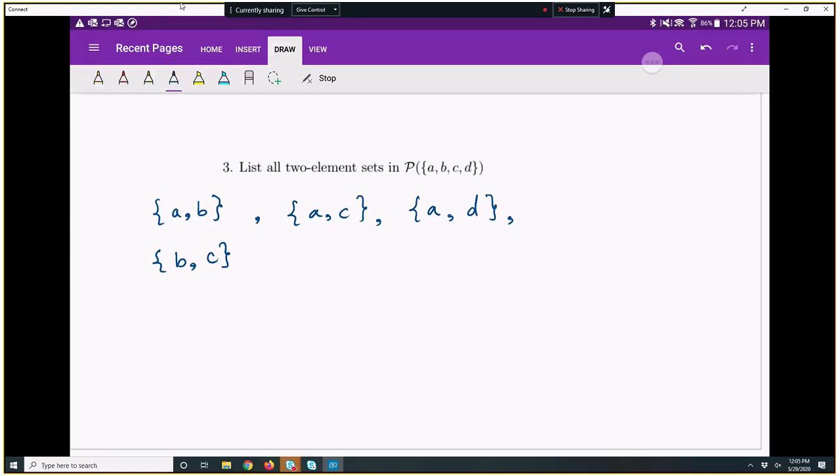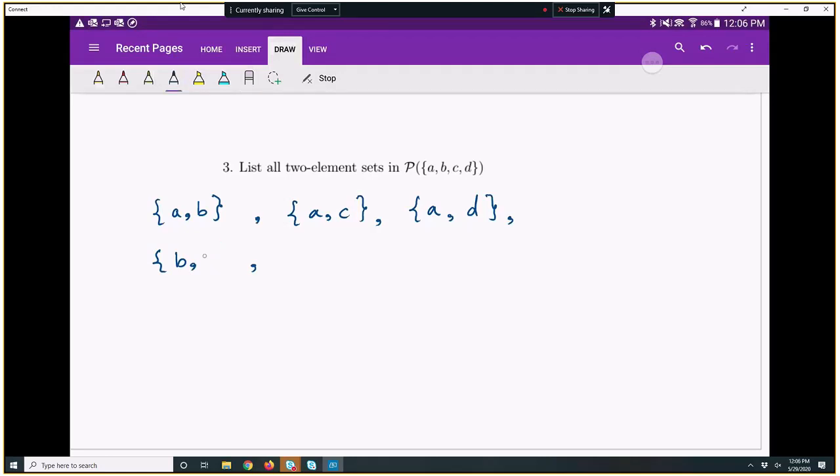I could have B, comma A, but I know that that's the same as the first set that I wrote down, so I don't need to write it. But I didn't write B, comma B, so let's write B, comma B. Nope, I apologize.